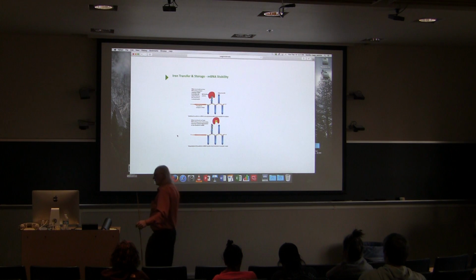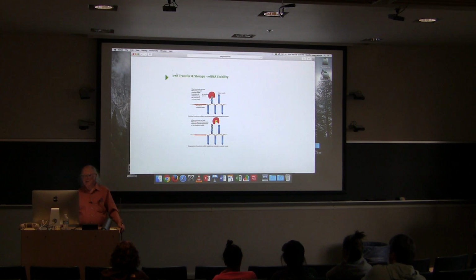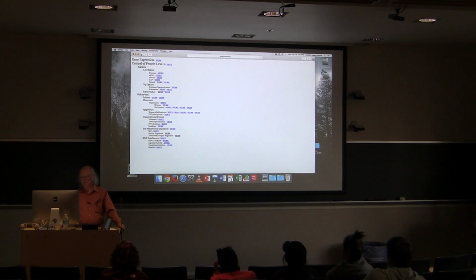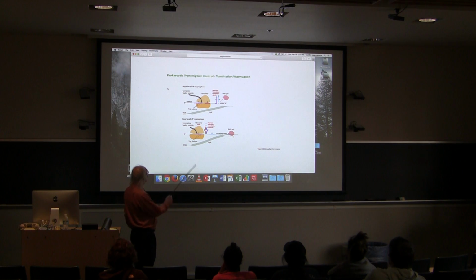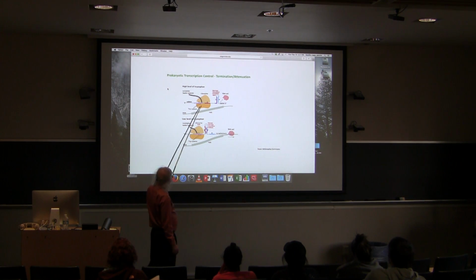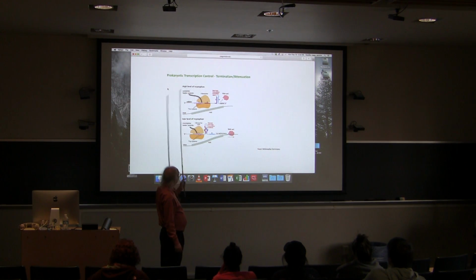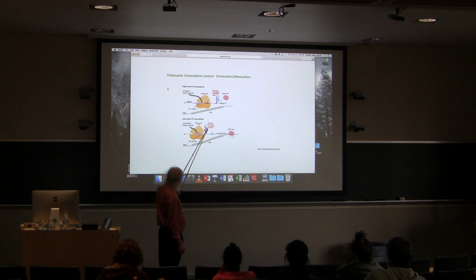Okay, so the question is, how does attenuation affect things? How does it slow down and so forth? So let's take a look at this figure right here, which shows the 4 regions of interest for attenuation, region 1, 2, 3, and 4. And they have 2 different scenarios that can happen.